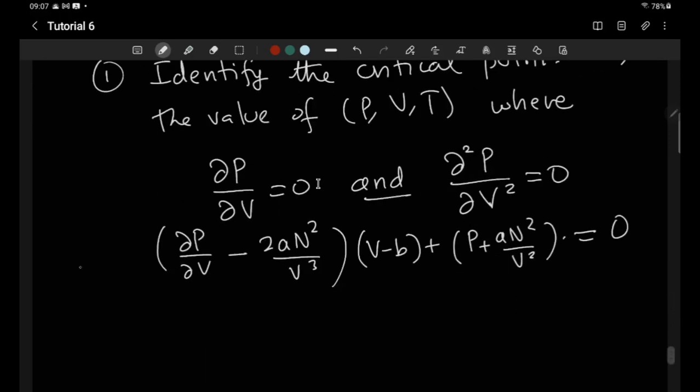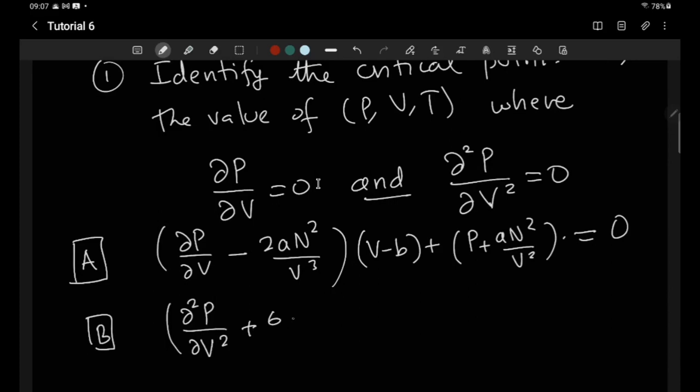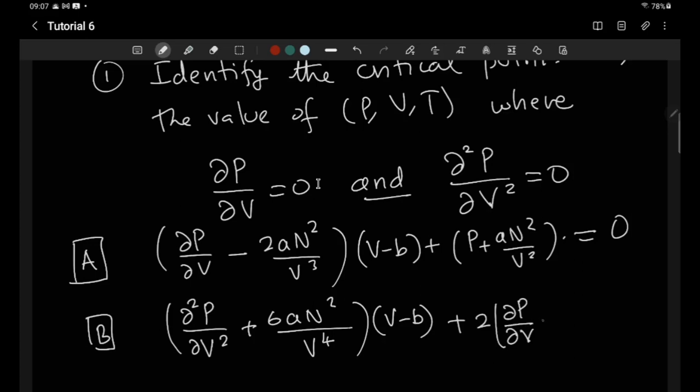So this is equation A. Now to get the second derivative, just take a second derivative of A with respect to V, and this is what we get.